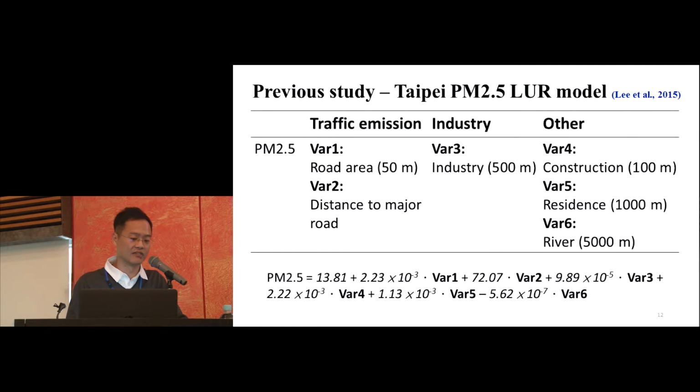The first one is traffic emission, including road length and distance to major roads. The second category is industry related, industrial land use within a 500-meter area. The third one is others: construction, residential, and river areas. So the final area and the coefficients are underlined.